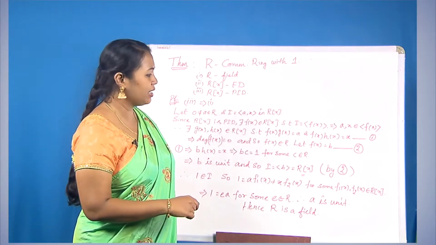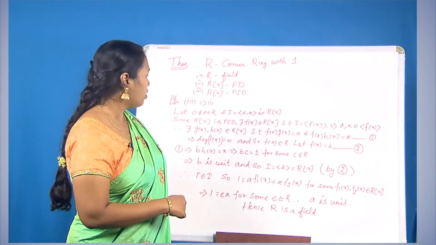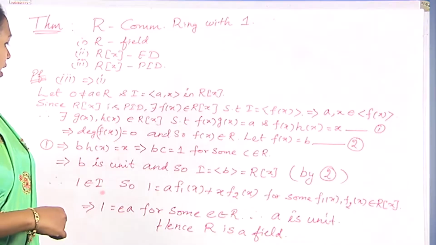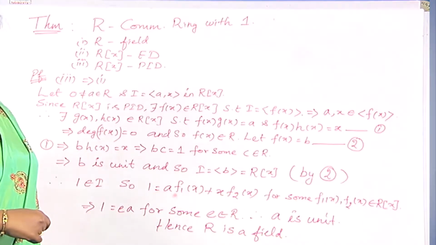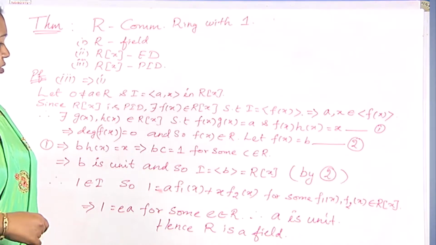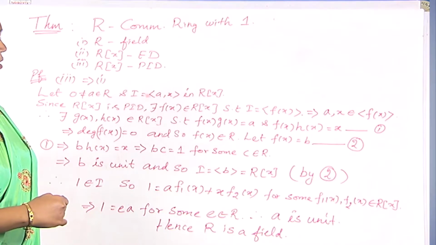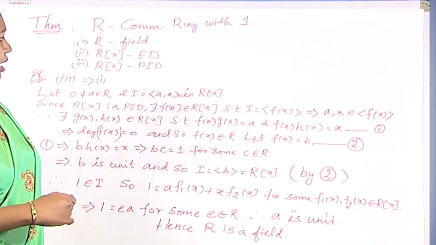Since the entire ring is inside the ideal generated by b, you can say that 1 is also inside I, and so 1 can be written as a linear combination a f1(x) plus x f2(x). Why so? Because the ideal I is generated by a comma x in R[x].